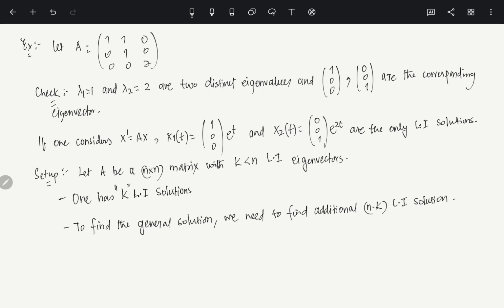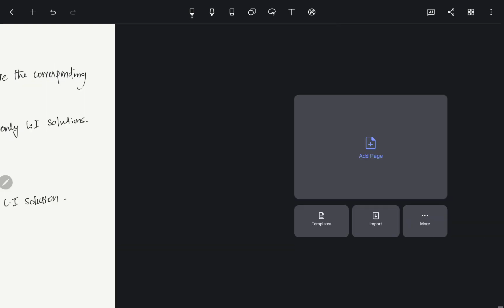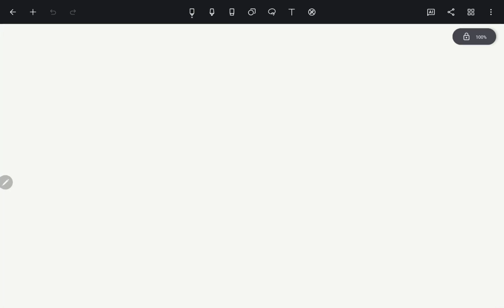Clear? Okay, so how do we get something like this? Let's just understand this. I hope you remember matrix exponential, which we did last week. So we are going to use that sort of fact.